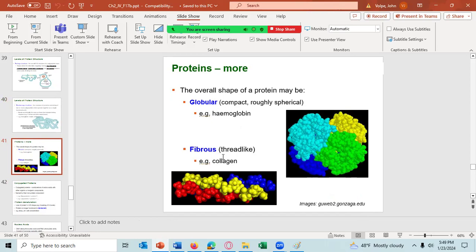This protein is thread-like. We find fibrous proteins in structural proteins like collagen, whatever makes up bone. I forgot the name of that protein. Hair, which is mainly, I think, collagen anyways.